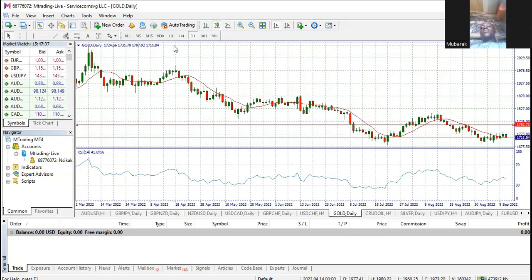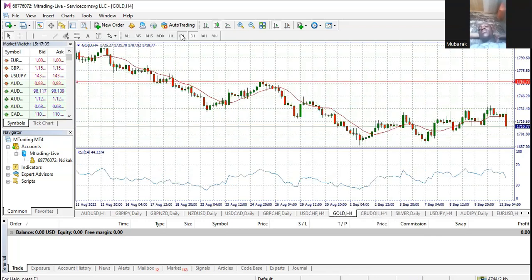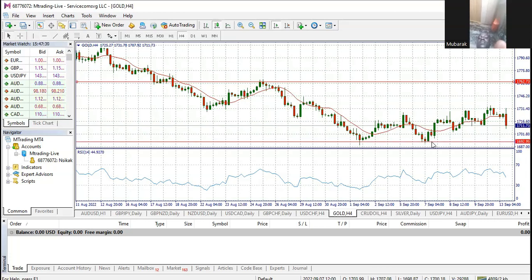Gold is still selling. Oh, huge. Like I said, gold is likely to sell down to this region.